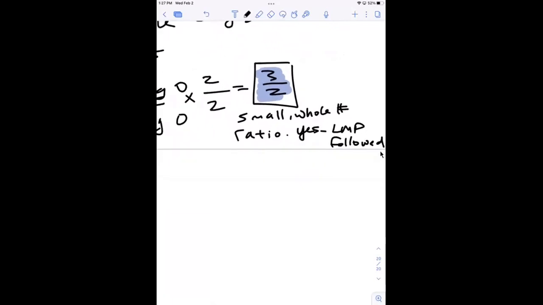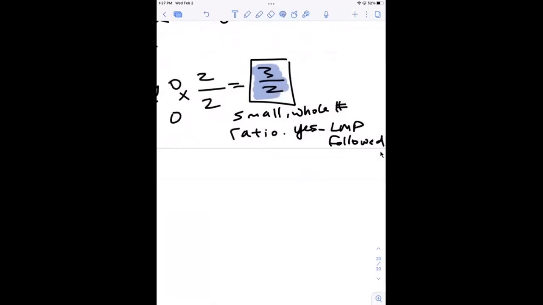So this follows the law of multiple proportions, or illustrates it. So we've talked so far about the law of multiple proportions, law of constant proportions. We've talked about early atomic theory.